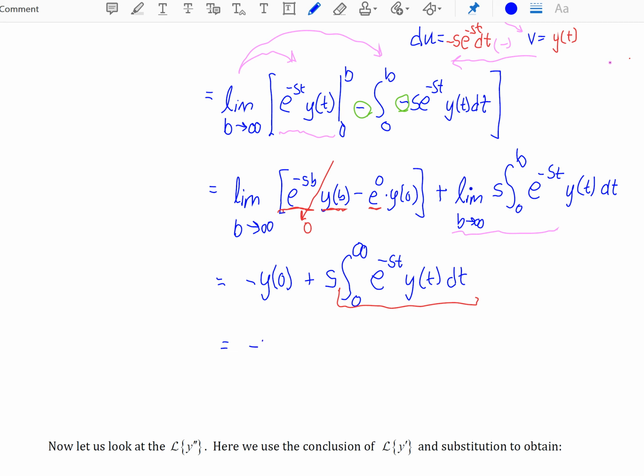So this gives us negative y of 0 plus s times the Laplace of y of t. And this is the Laplace of y prime.